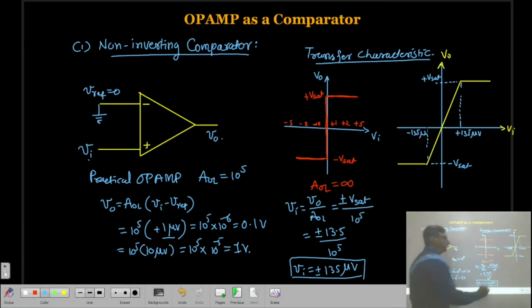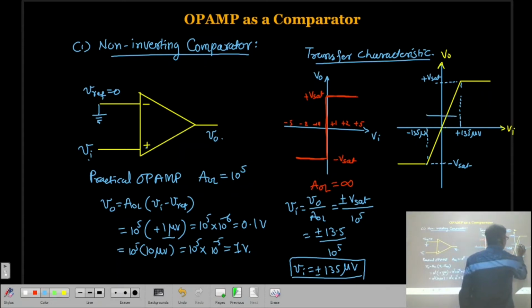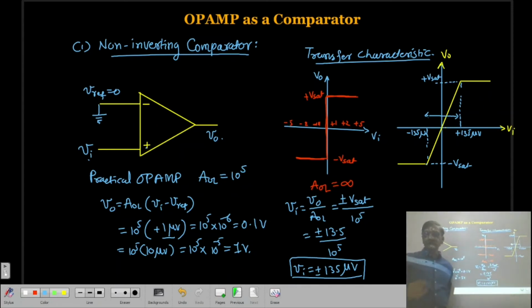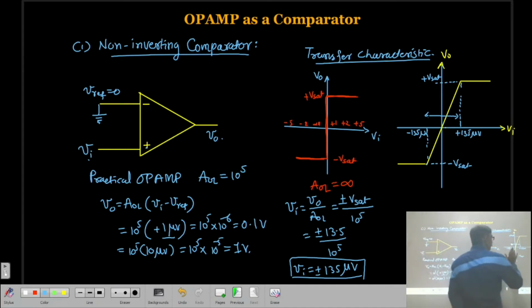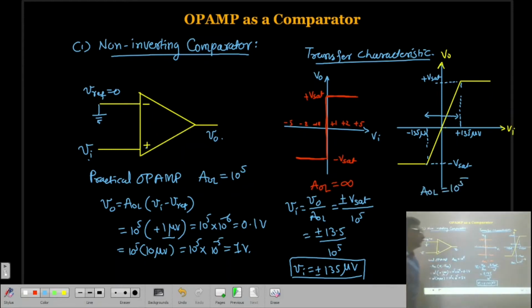Correct? So in this region, the op-amp has a linear output. Then after, it is going to saturate. This is about a practical op-amp which has an open loop gain of 10 raised to 5.